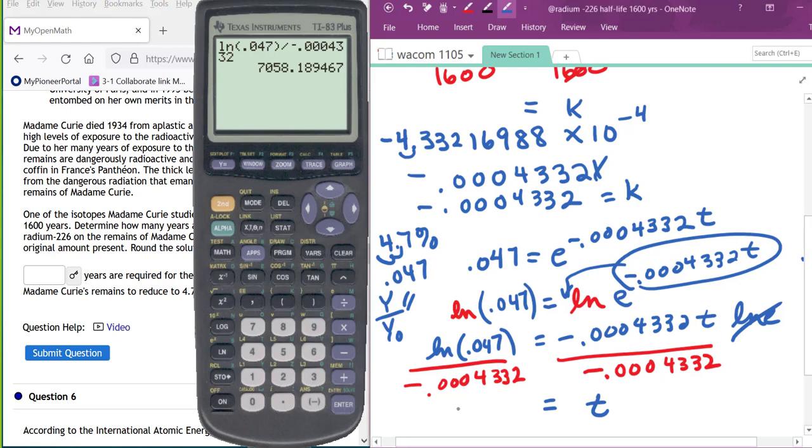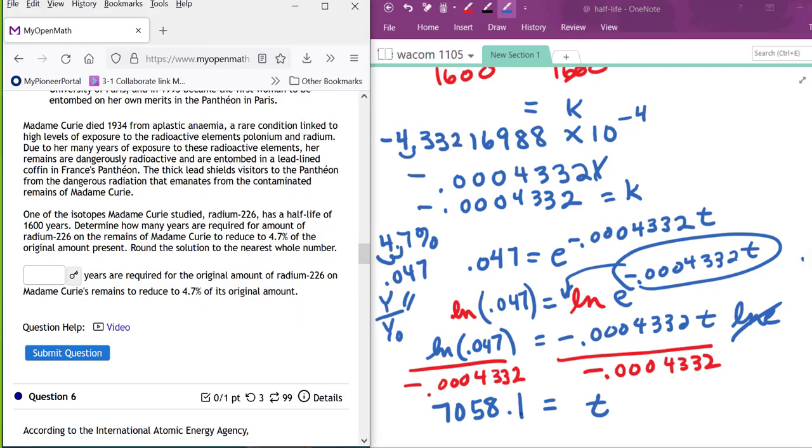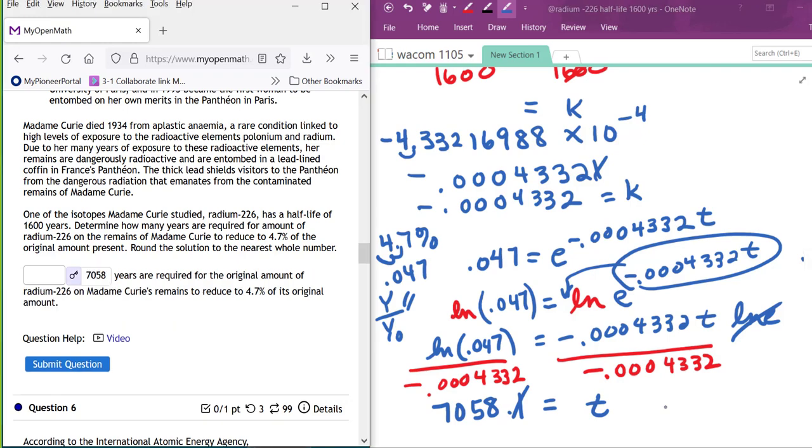And so we get 7058.1 and round to the nearest whole. So 7058 years. There we go.